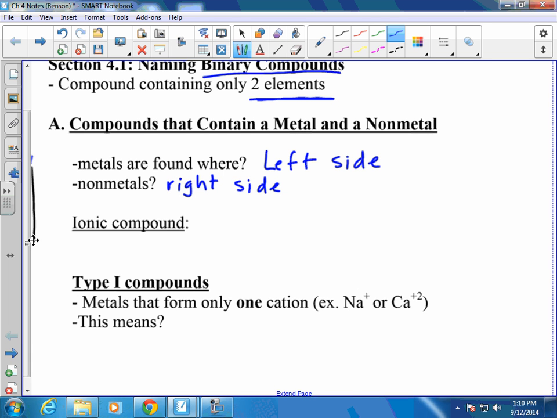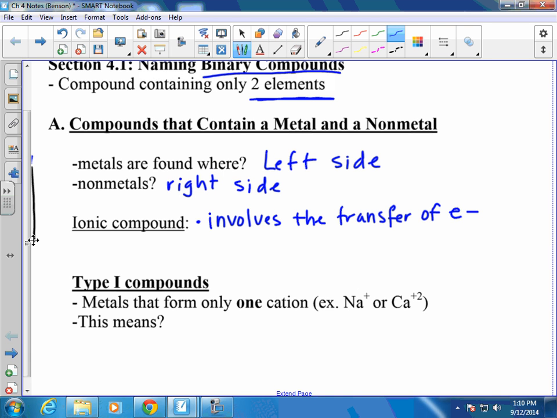So one way they can do it is by an ionic compound. And what this involves is the transfer of electrons. So we talked about in the last chapter that the electrons will gain and lose in order to become stable and look like the noble gases, and that's how they became an ion and got their charges.